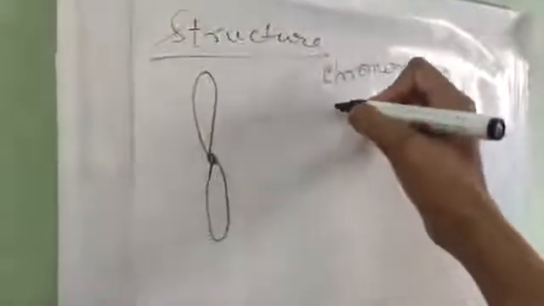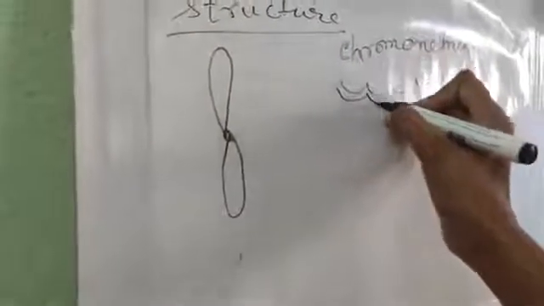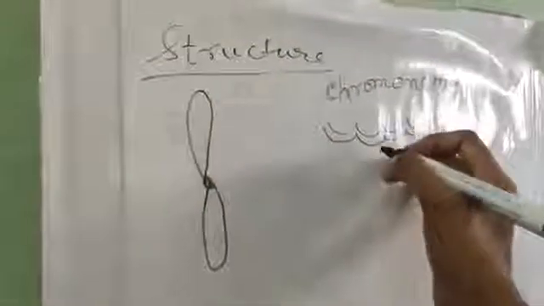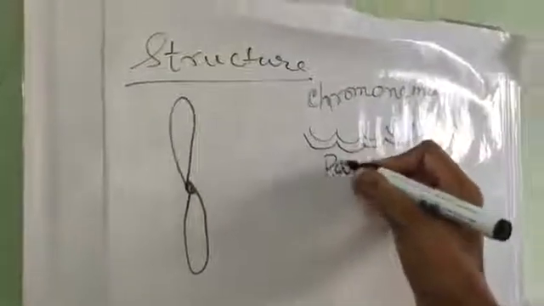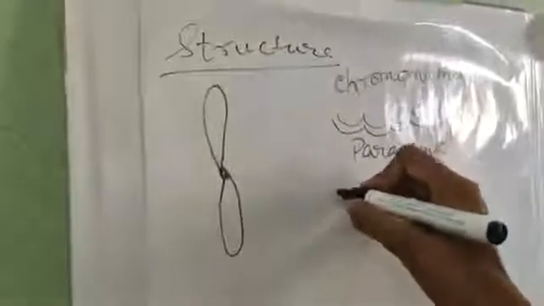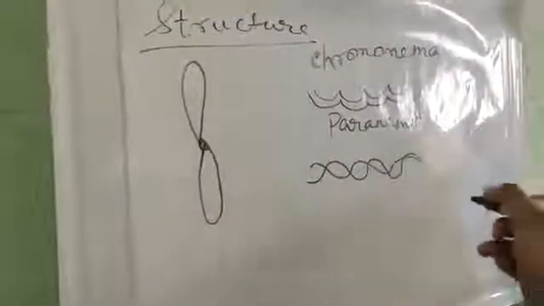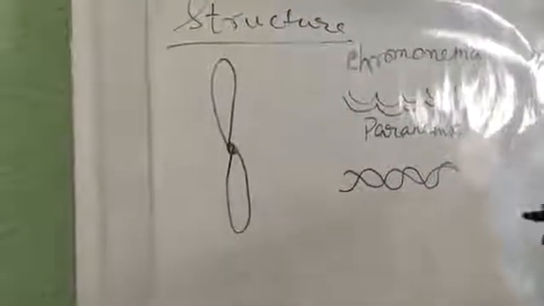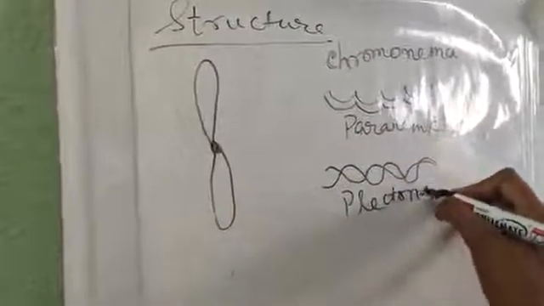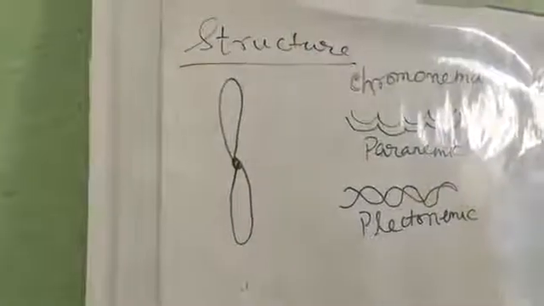One of the coilings is like this, that means in the opposite direction. This coiling is termed as paranemic coil. Another one is termed as plectonemic coil. So these are the 2 types.